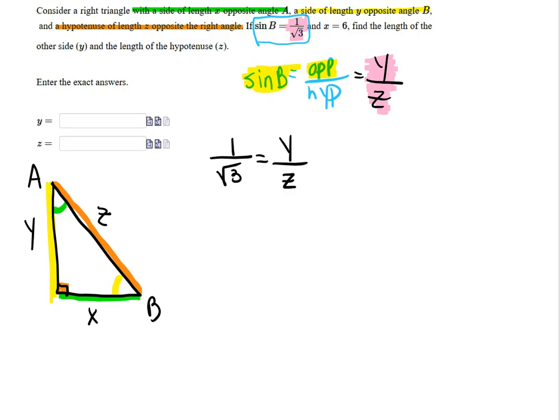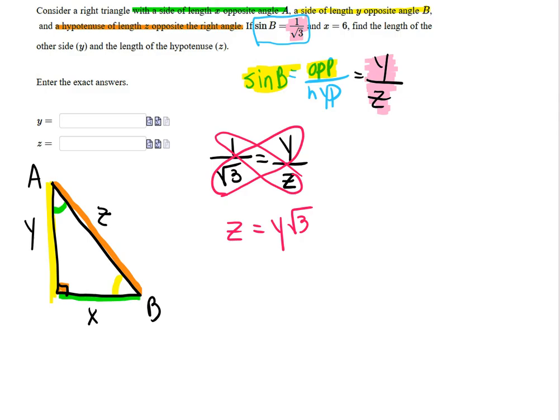If I multiply 1 times z, that gives me z, and y times the square root of 3 would be y times the square root of 3. Now that gives me something that represents z: z equals y times the square root of 3. I just need to figure out y.